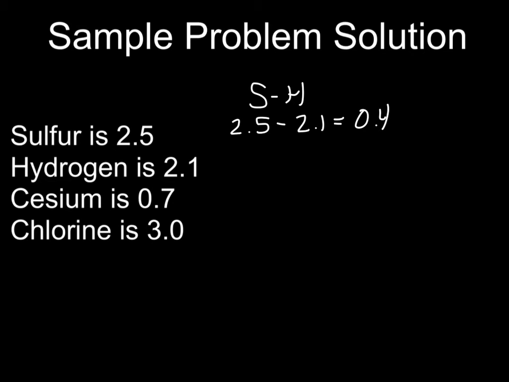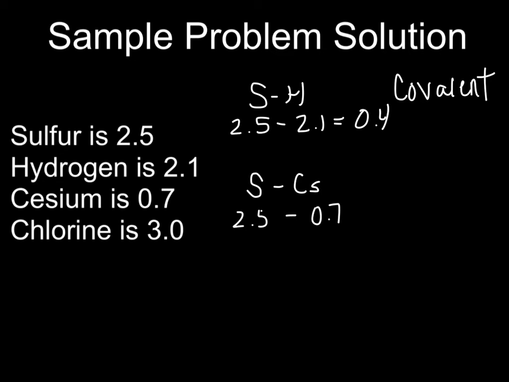So that means that sulfur and hydrogen form a covalent bond. In comparison, if we combine sulfur with cesium, we take our 2.5 for sulfur, subtract our 0.7 for cesium, and that gives us a difference of 1.8 in our electronegativities. So this is an ionic bond.